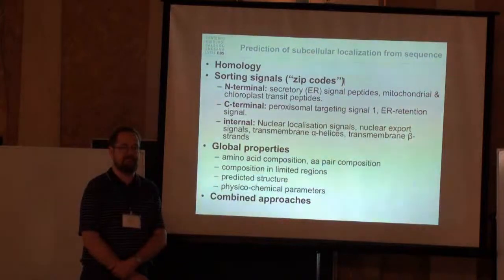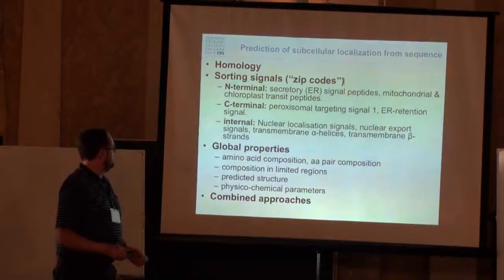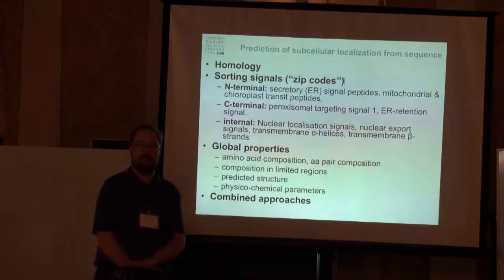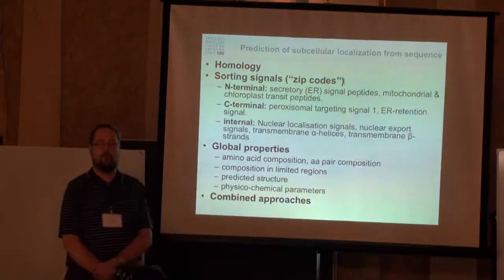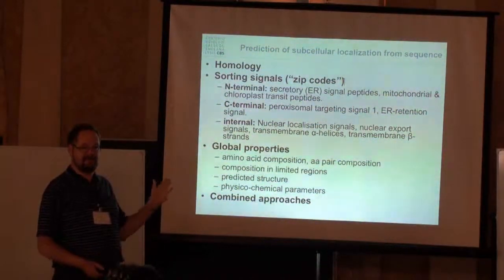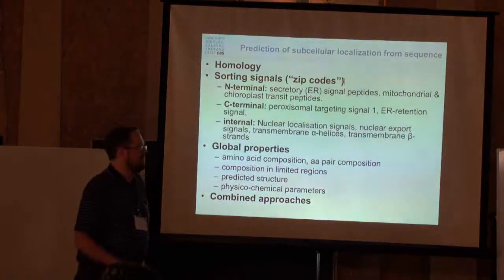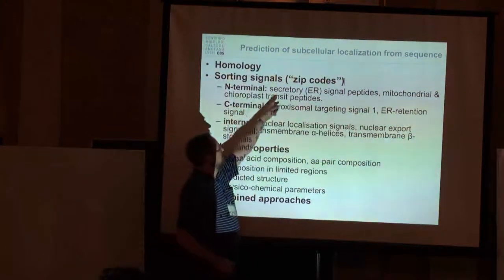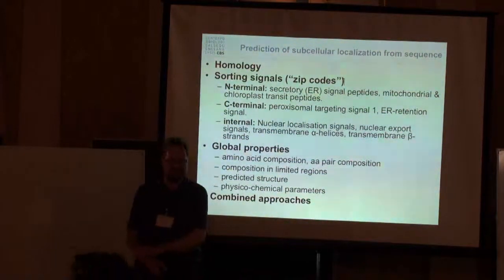If you have a point mutation that alters the function of a sorting signal, it will probably not alter the homolog you find in a homology search, and it will probably not alter the global properties such as amino acid composition enough so that the prediction changes. And I will concentrate on 2 very well-known sorting signals. That is the secretory signal peptides and the transmembrane alpha helix.